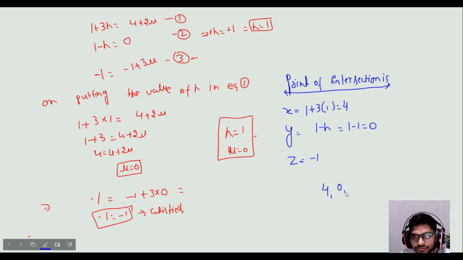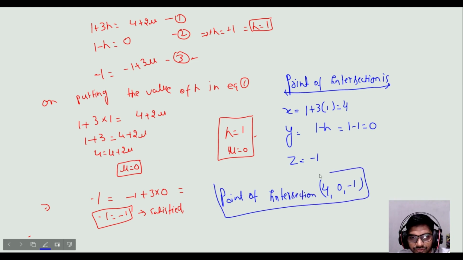So (4, 0, minus 1) is the point of intersection.